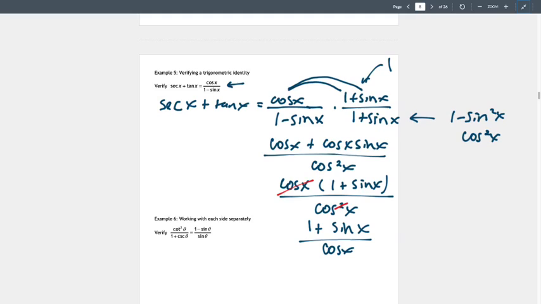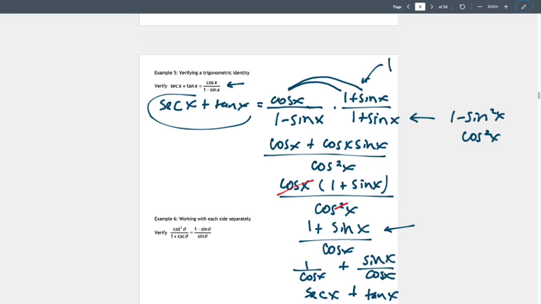Now that I've got the plus in the numerator, I can break that up. So that's the same thing as 1 over cosine x plus sine x over cosine x. And then using my reciprocal identity, 1 over cosine x is secant x, and sine x over cosine x is tangent x, which is what we're trying to look like.